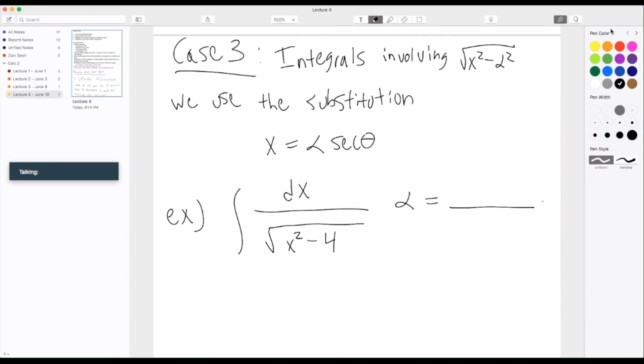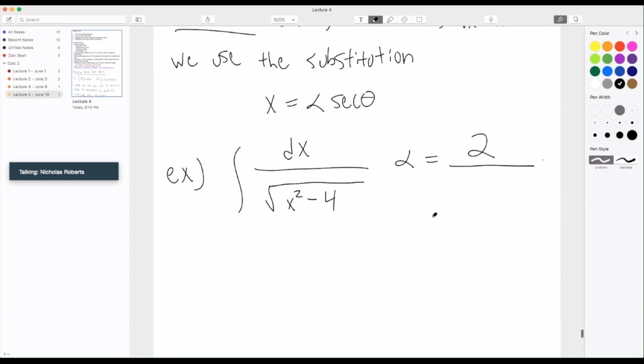Yes, exactly. Alpha's 2 here. Perfect. And we're told to let x be alpha secant theta, so we're going to let it be 2 secant theta. Very good. So don't forget the dx. That's another common mistake. The derivative of secant is secant times tangent, so dx is 2 secant theta tan theta d theta.